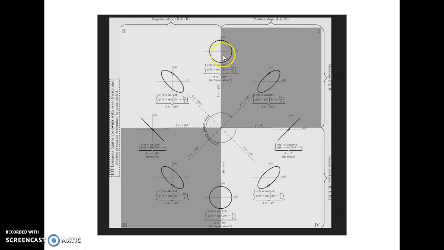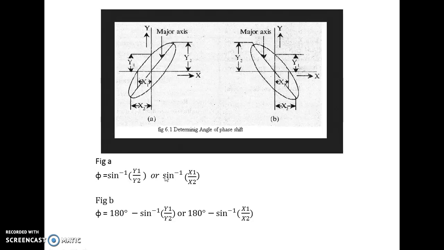A circle can be referred to as a 90 degree or a 270 degree phase shift. But what happens when you want to know the phase shift of an ellipse? You cannot directly say that, right? So this is how we can calculate the phase angle for an ellipse.